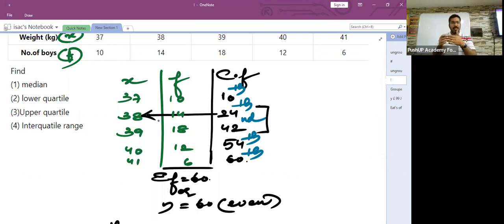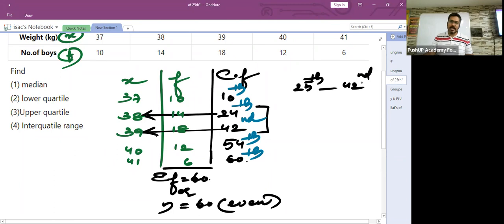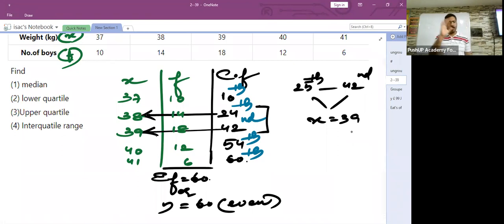So children, as I taught you in the previous sum, from the 25th term onwards till the 42nd term, what is going to be the value of x? 39, right? So the median value is 39. Easy. Followed it, no? Online students, everyone clear?